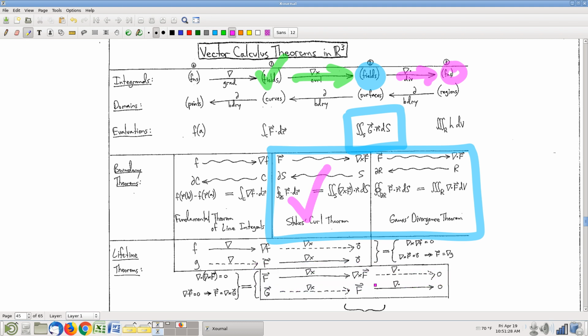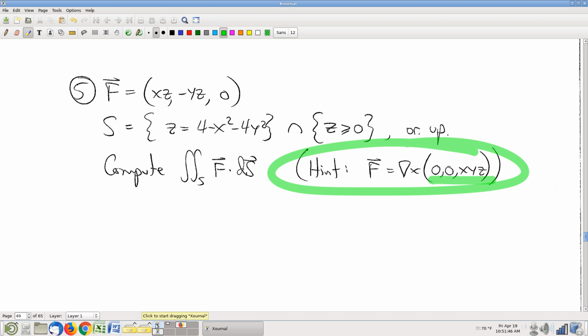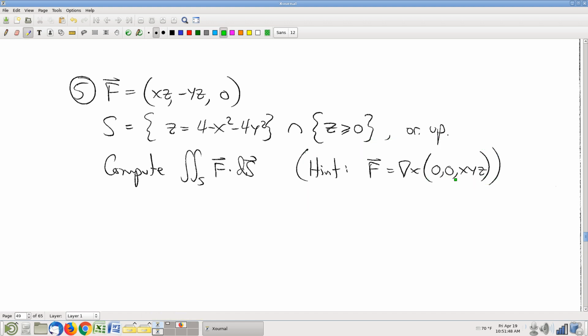Let's consider our other options. What about Gauss's divergence theorem? We need to know now: is this surface a boundary of a solid? Well, let's look back at it. Is this surface the boundary of a solid? Okay, we've got a paraboloid.